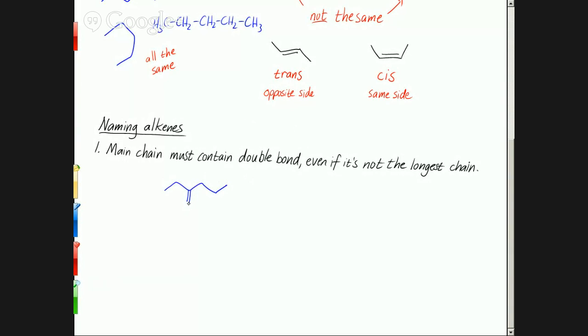We have to actually take this as the main chain, even though it's a little bit shorter. It's only 5 carbons. So even though that's a shorter chain, that one gets the main name because it has the double bond in it.